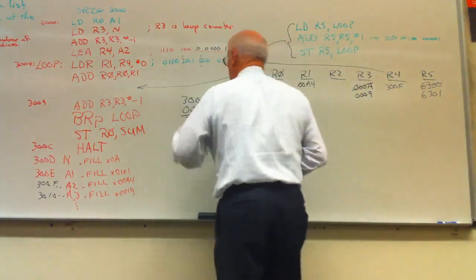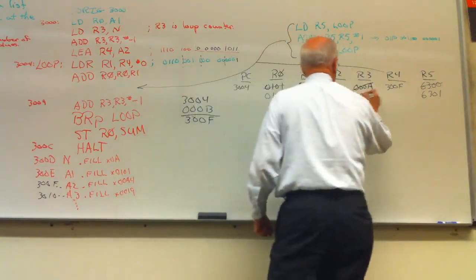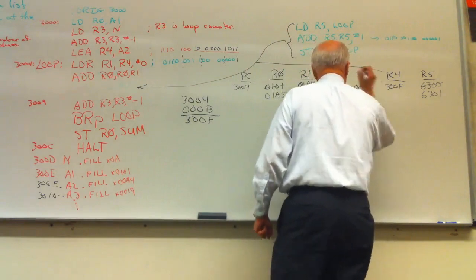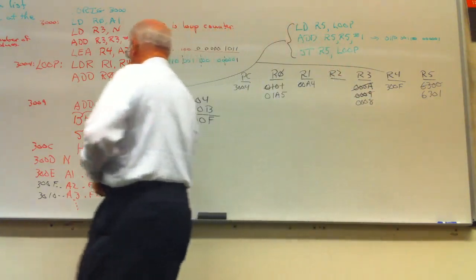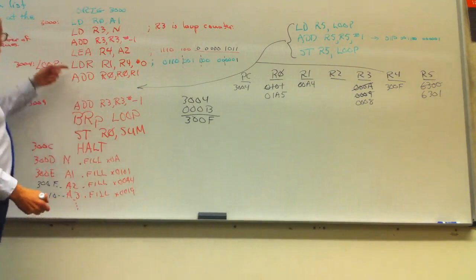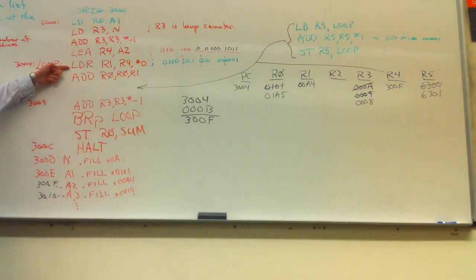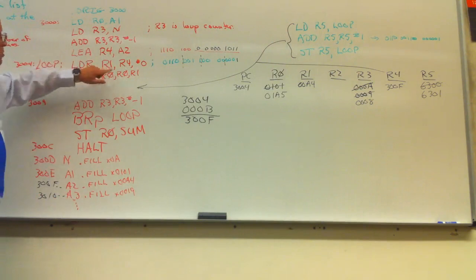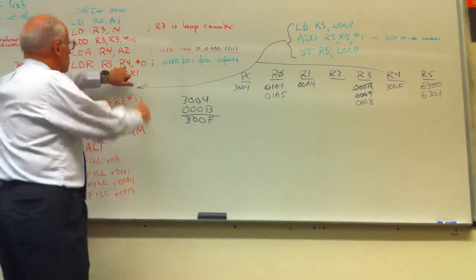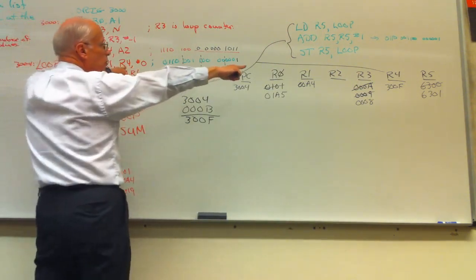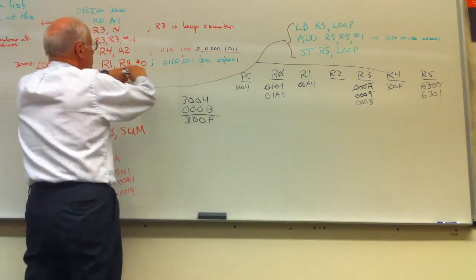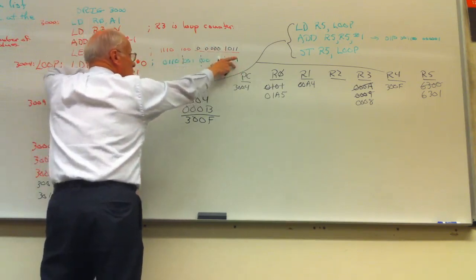Okay, now we add -1 onto register 3. It's still positive, so we go back up to here. Now you see as I load register 1, it's going to be what's in register 4, 300F, plus this thing.